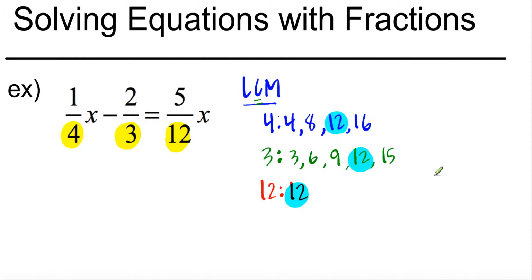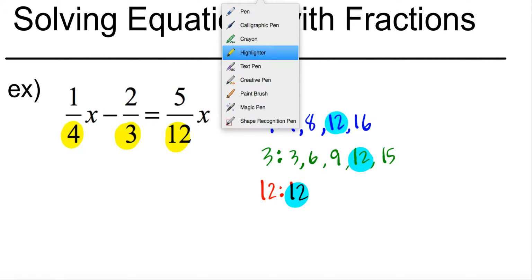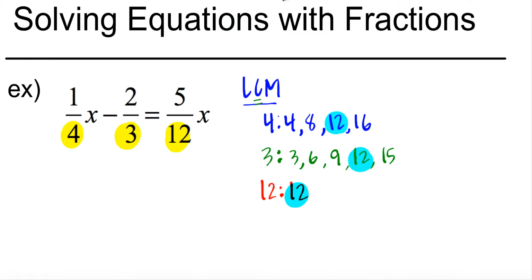So we're going to remember our golden rule for solving equations, and we're actually going to multiply each number piece, each term, by 12. Multiply that by 12, multiply that by 12, and multiply this one by 12. And technically that 12 is over the number 1.